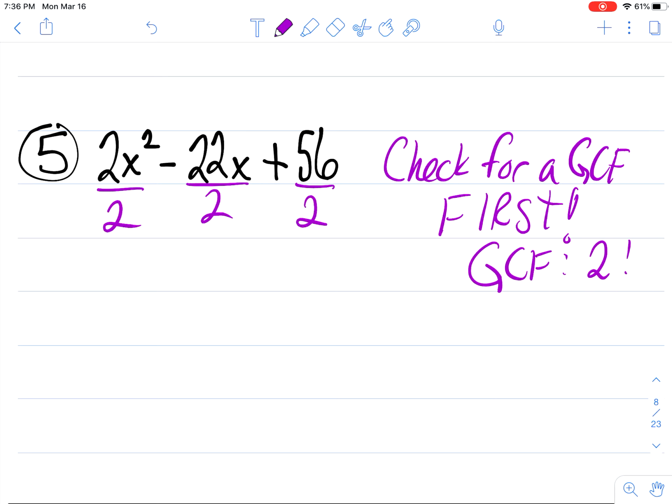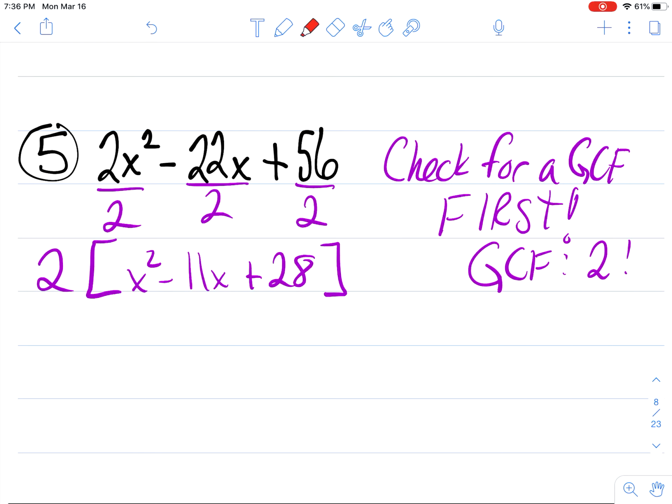So here's what I'm going to do. I'm going to use some interesting grouping symbols here. I'm going to use brackets. That way I know that I still have work to do inside the brackets. So I'm going to do a 2 for my GCF on the outside, but then I'm going to draw a square bracket. And I'm going to have left over x squared minus 11x plus 28. Okay?